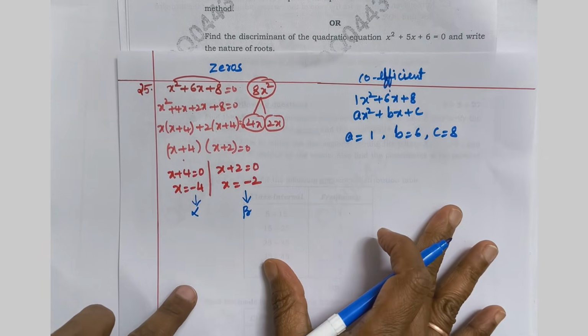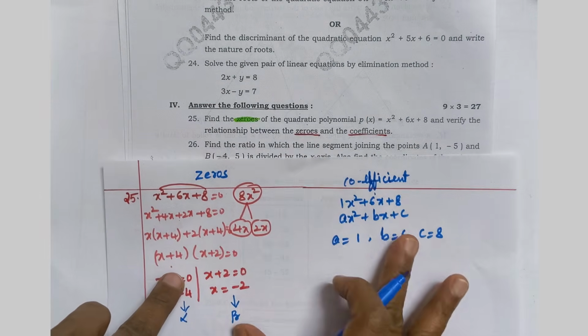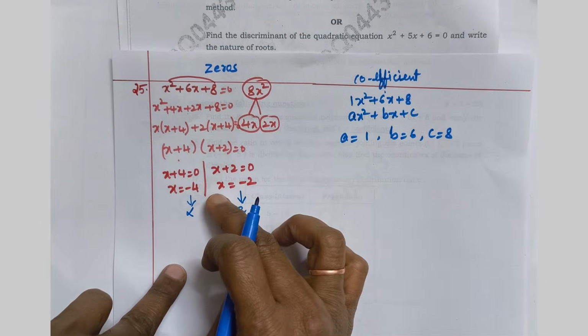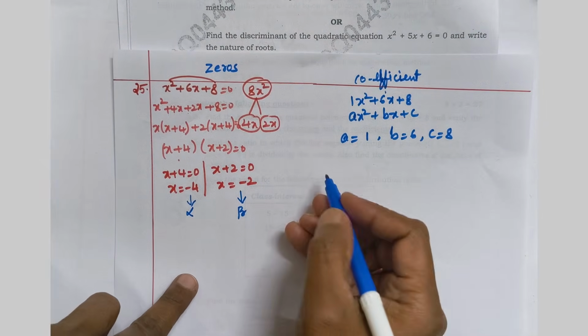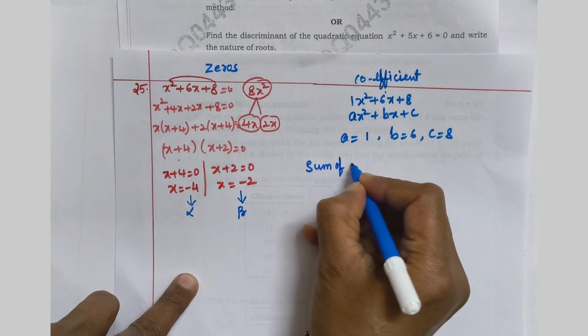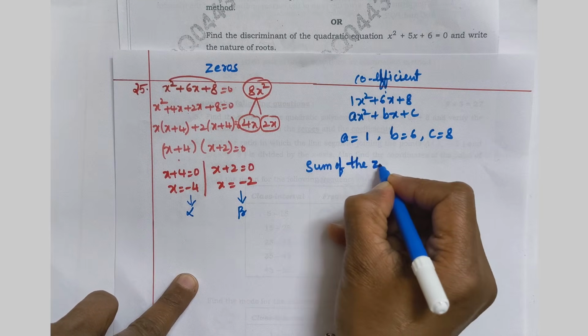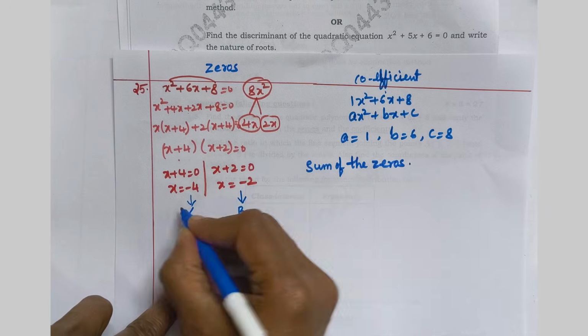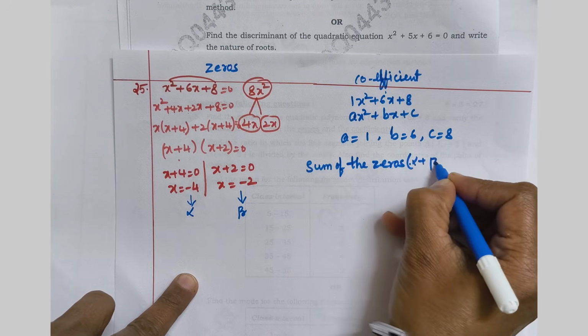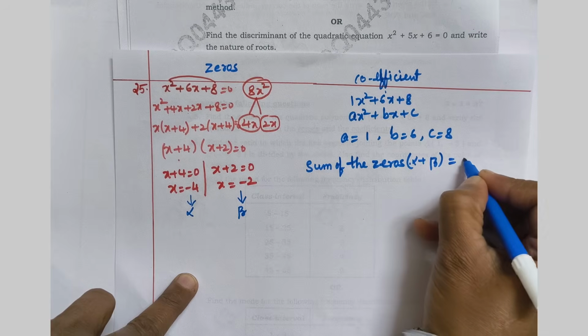Now we will verify the relationship between zeros and coefficients. First we will take the sum of the zeros, next the product of the zeros. Sum of the zeros means alpha plus beta. What is the formula?